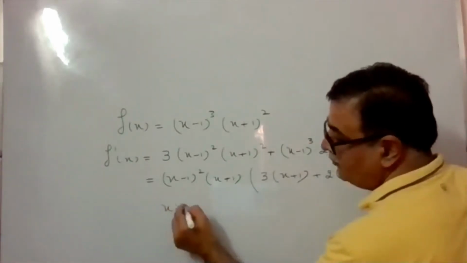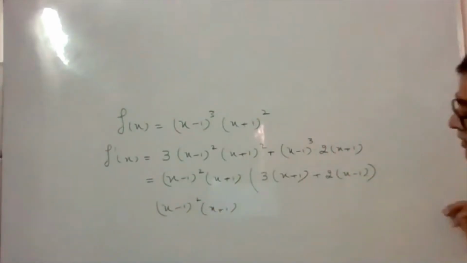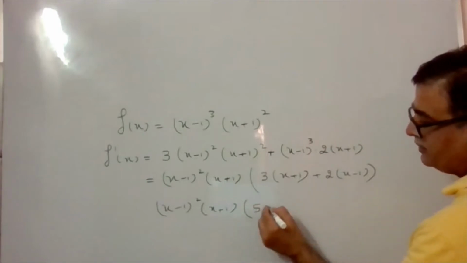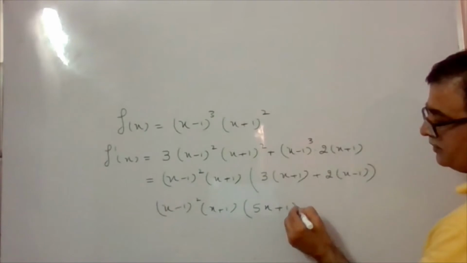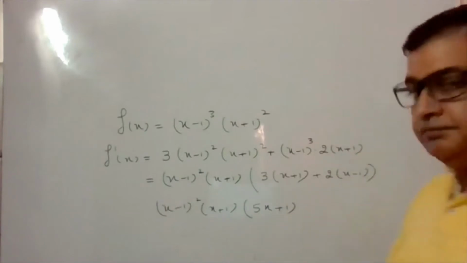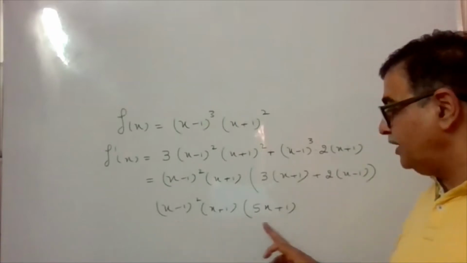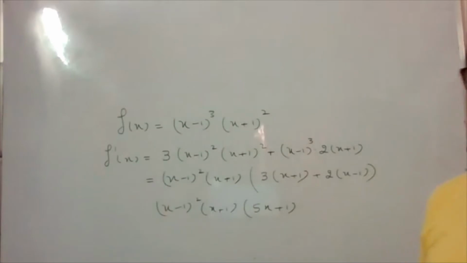And now when you solve it, (x minus 1) whole square, (x plus 1), this comes out to be 3x plus 2x. Is it 5x? Yes. Plus 3 minus 2 will come out to be plus 1. So I got (x minus 1) whole square into (x plus 1) into (5x plus 1). This is the f dash x we have.